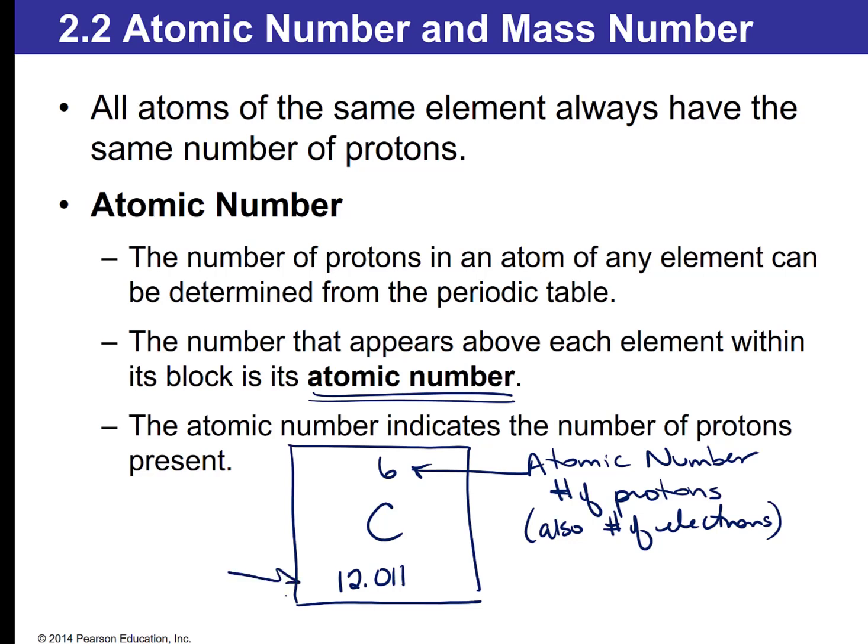And that comes from this. The bottom number in each block, notice that it's this decimal. This is the average atomic mass. So what were the 2 particles that I said have mass? Protons and neutrons. So this is protons and neutrons.